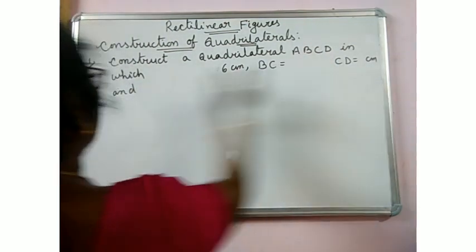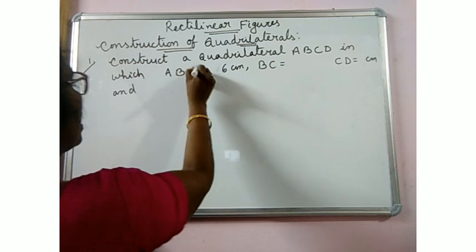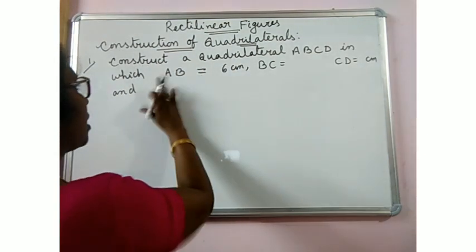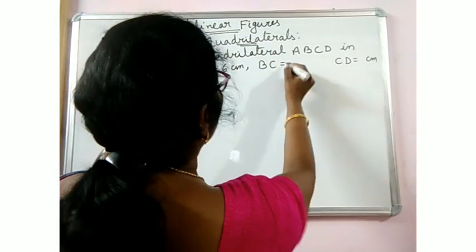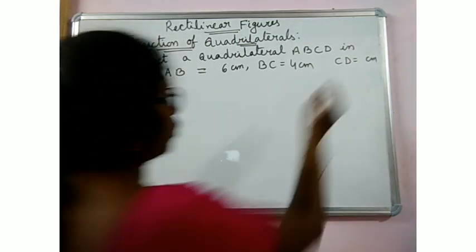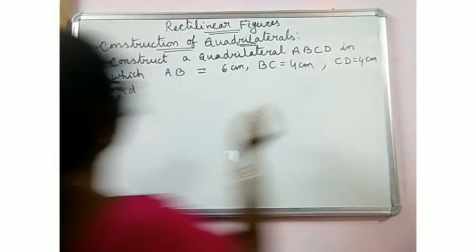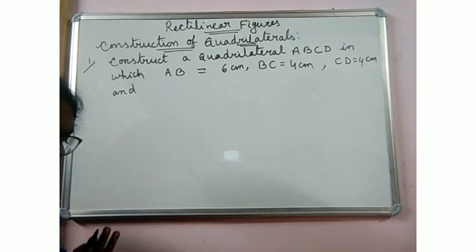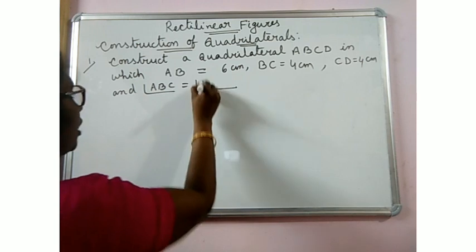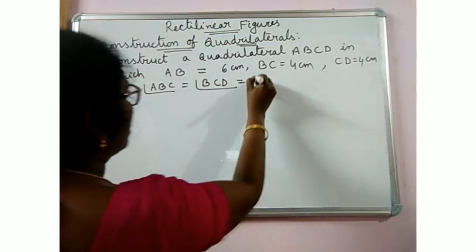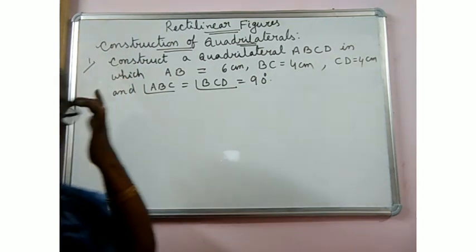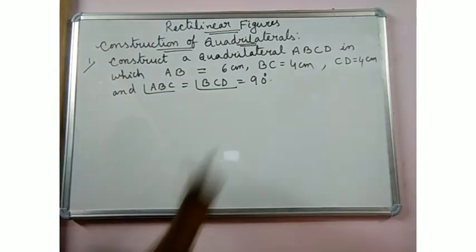Construct a quadrilateral ABCD in which AB is equal to 6 cm, BC is equal to 4 cm, CD is also equal to 4 cm, and 2 angles are given: angle ABC is equal to angle BCD is equal to 90 degrees.